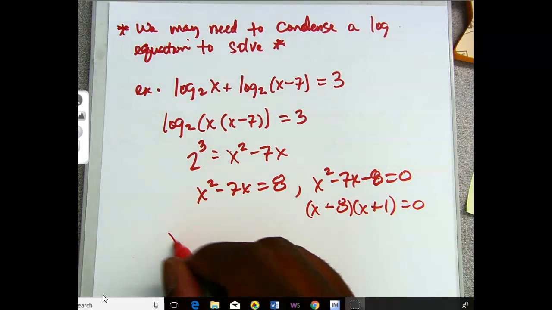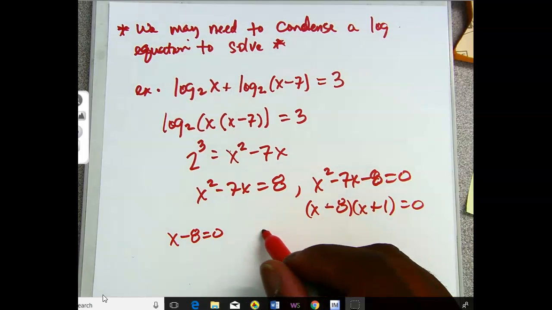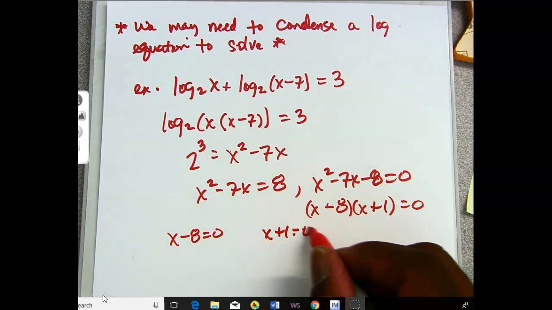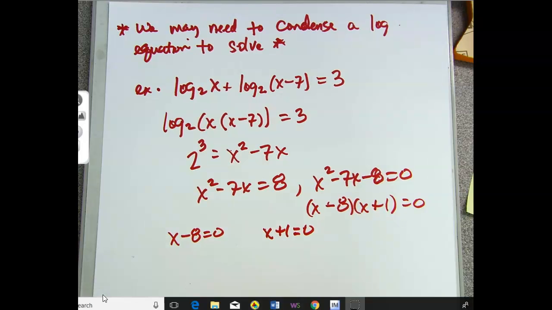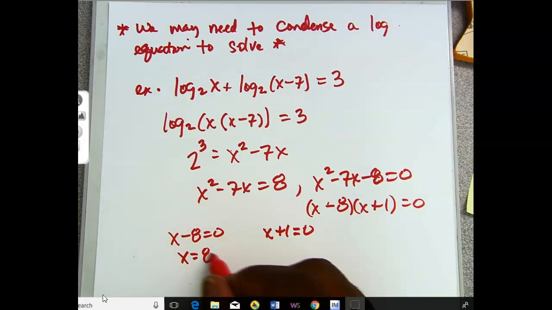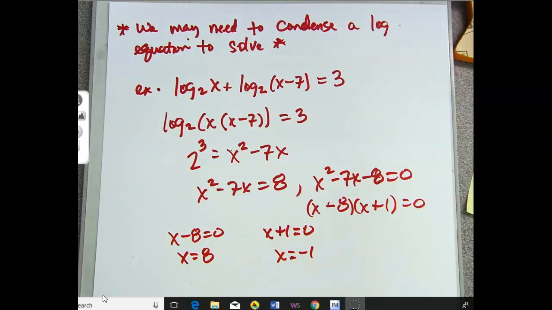So for your two solutions, we have x minus 8 equals 0 and x plus 1 is equal to 0. So here we're going to get x equals positive 8 and x equals negative 1. Okay, so what is your solution set?